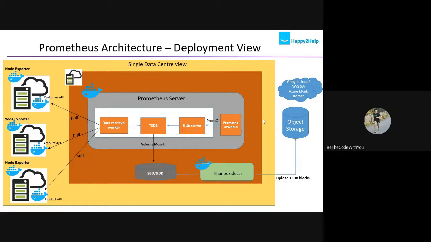Yes, that is supported. You can very much scale it out, and there is a federation model also supported. If you have two data centers, you can run another Prometheus server in that data center. Got it. Okay, thank you.